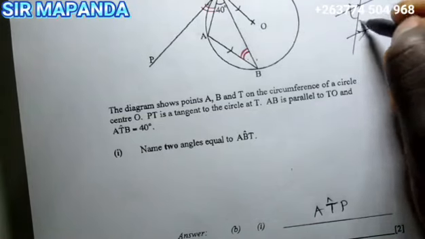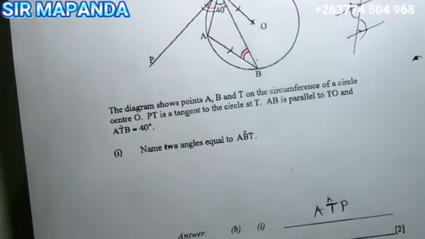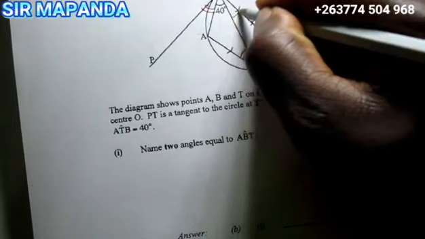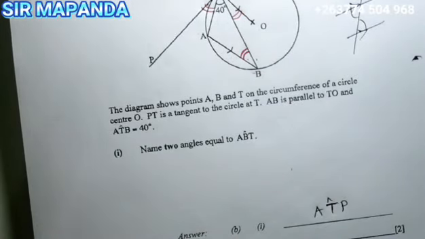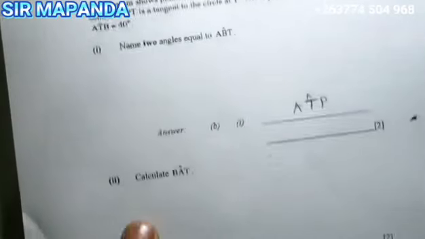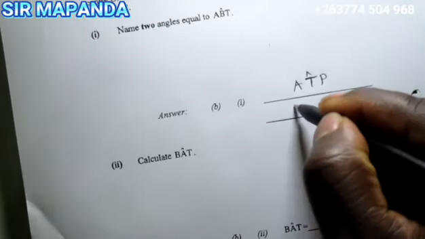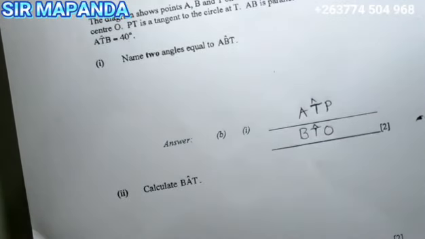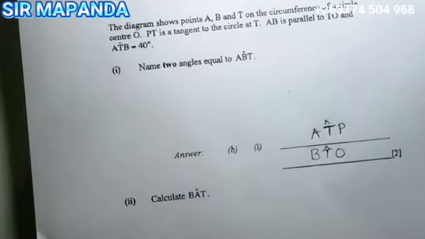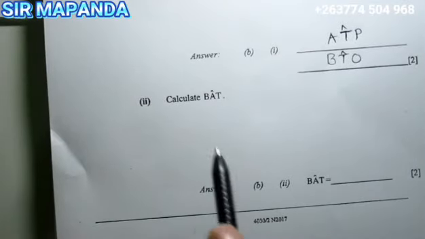Z angles are equal. So it means this angle B is equal to this angle BTO. So the second angle equal to ABT is BTO. Then you are home and dry. Let us move on to the next.